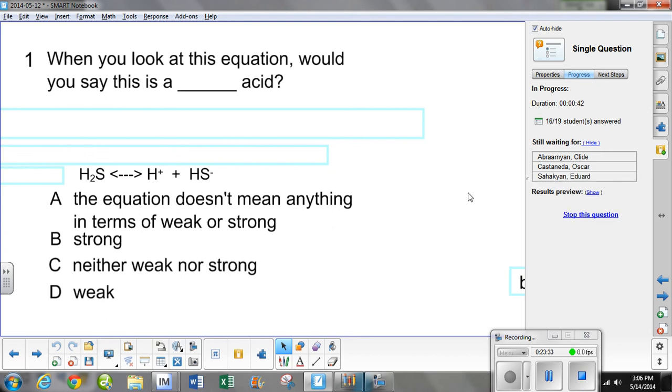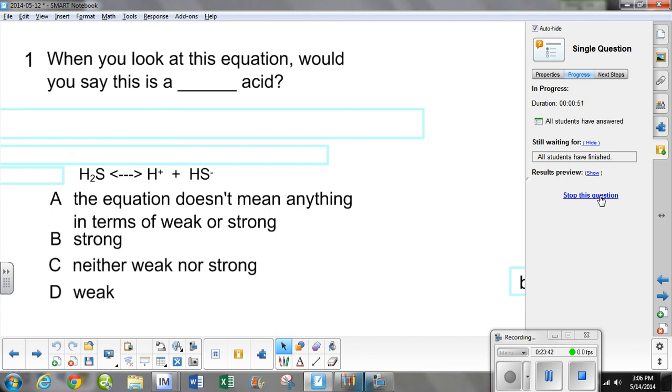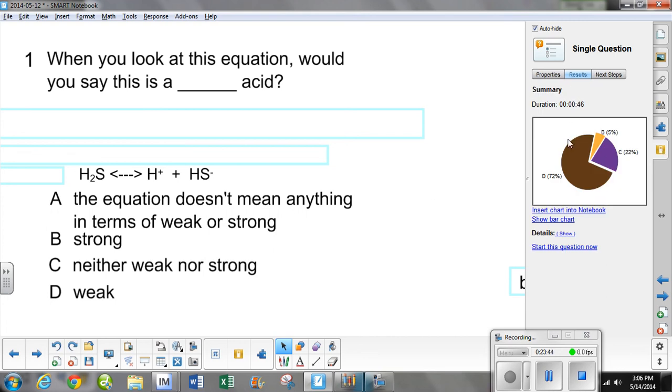Folks, if you're not getting these right, you really need to figure out what's going on. Okay, 1, 2, 3. Okay, you made it. All right, D is the correct answer, and we need to know why.